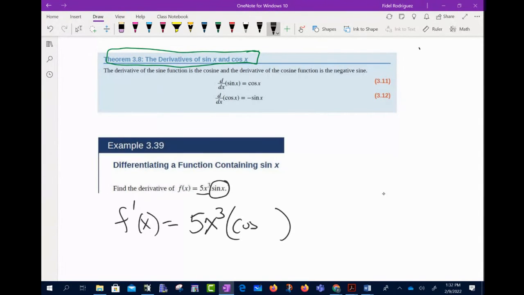Cosine x. So we write here cosine x, plus we now take the derivative of the first function. What's the derivative of 5x to the third? 15x squared times just the second function by itself, and the second function was just sine of x.